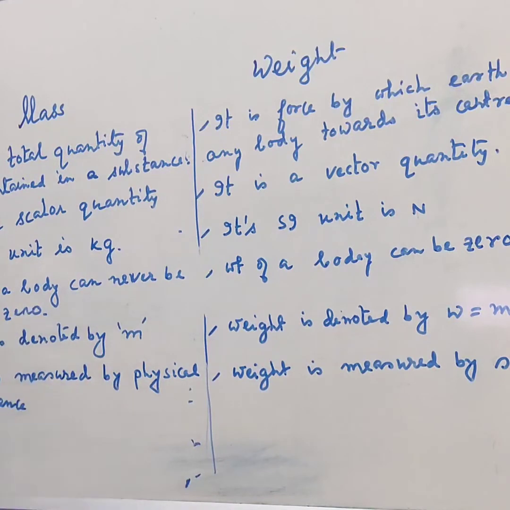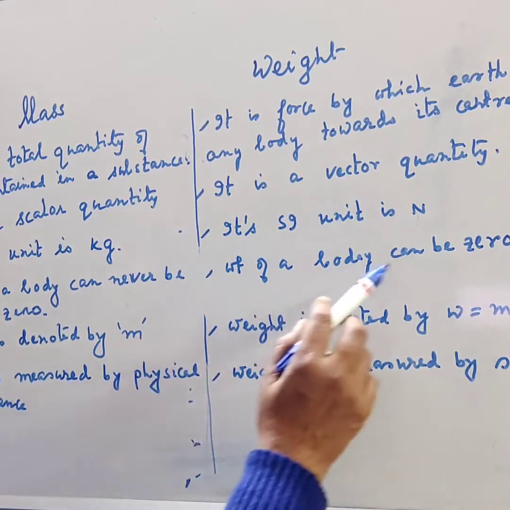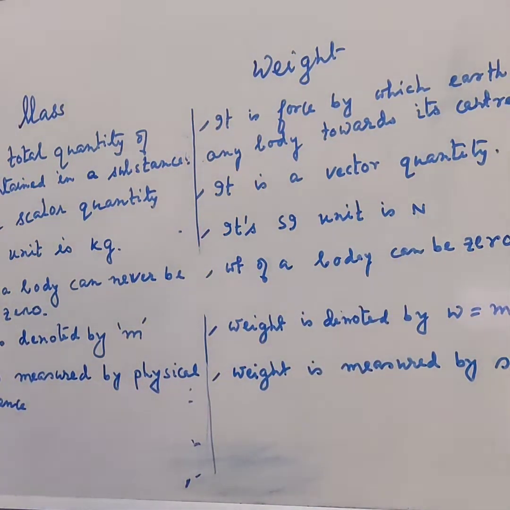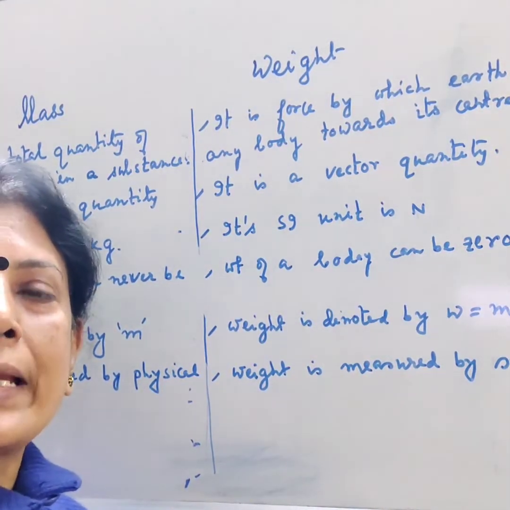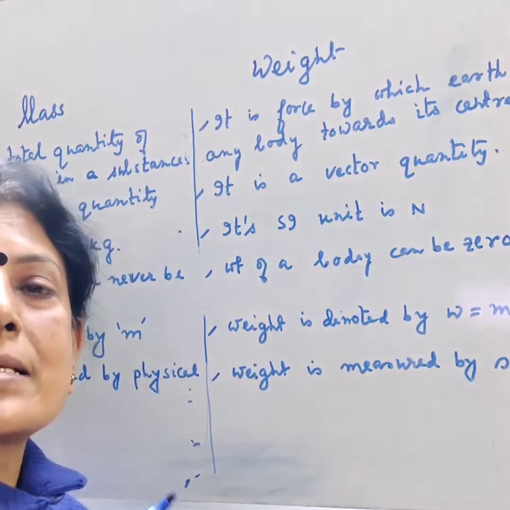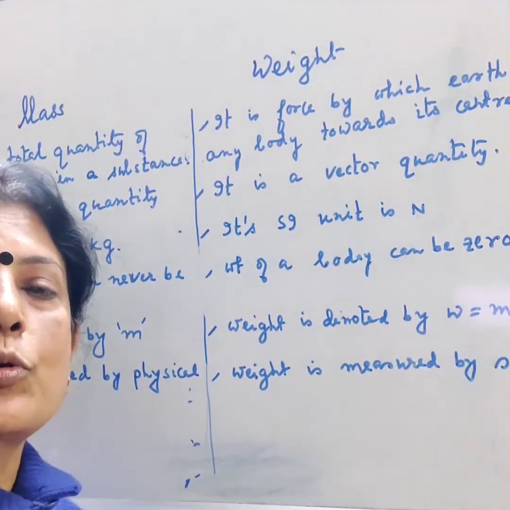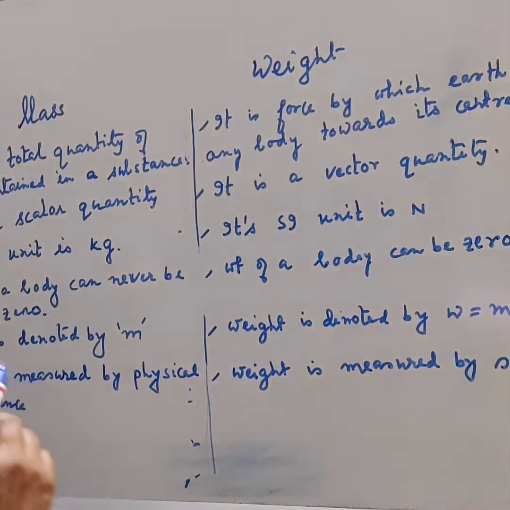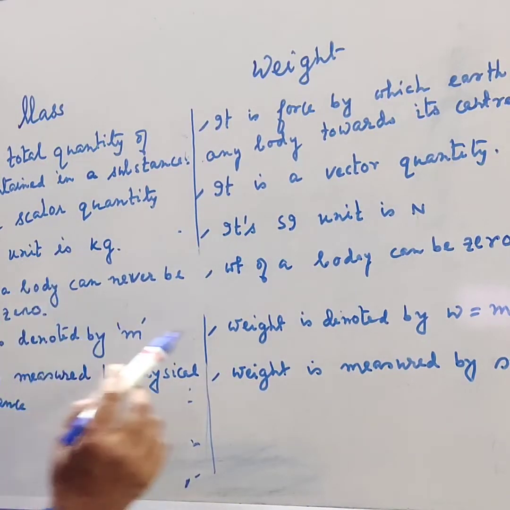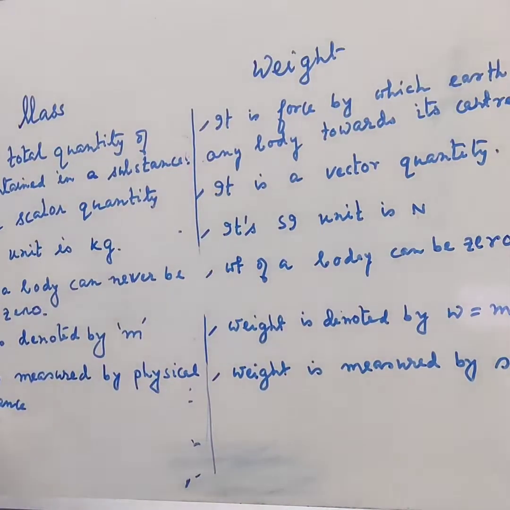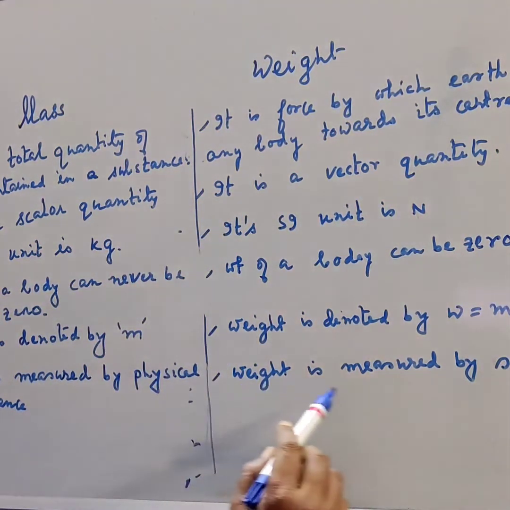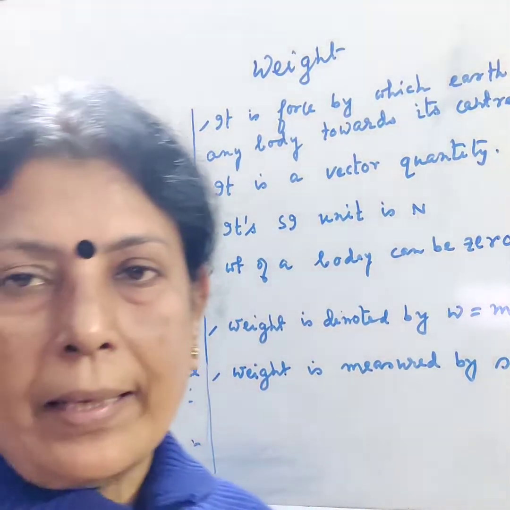Mass of a body can never be 0, but weight of a body can be 0. For example, at the center of Earth, weight of any body will be 0 since g, that is acceleration due to gravity, is 0. Mass is denoted by M and weight is denoted by W is equal to M into g. Mass is measured by physical balance, whereas weight is measured by spring balance.